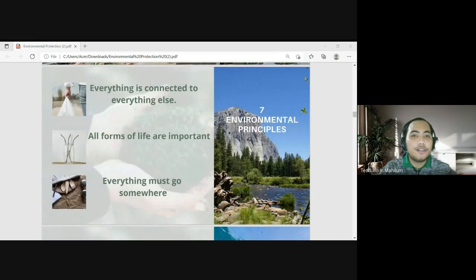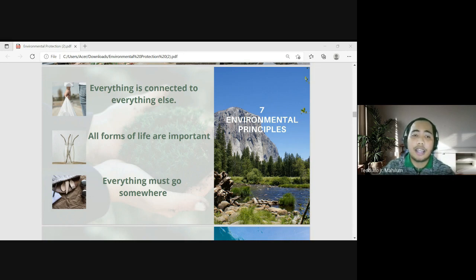Number two is all forms of life are important. Meaning, ang lahat ng may buhay sa mundo ay mahalaga. All living organisms were created for a purpose in relation to humans or any other species on Earth and global ecosystems in general. When a species becomes extinct, meaning it lessens in number, it is like removing a piece of a puzzle from the web of life.